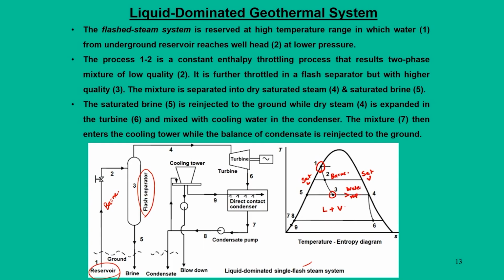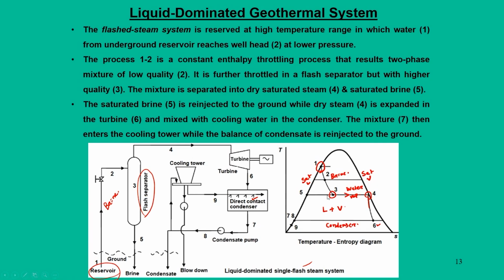After this separation, the water vapor we take out goes to state 4, which is the inlet condition for the turbine, where it expands to 0.6, then goes to the condenser. Since the working fluid is the same, we can use direct contact type condensers, and the rest of the cycle is simple.